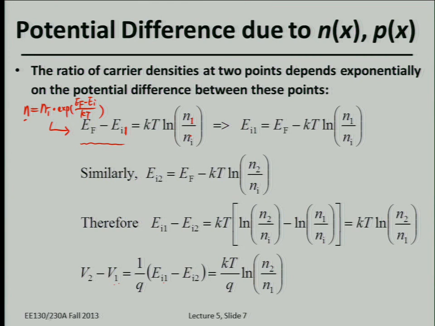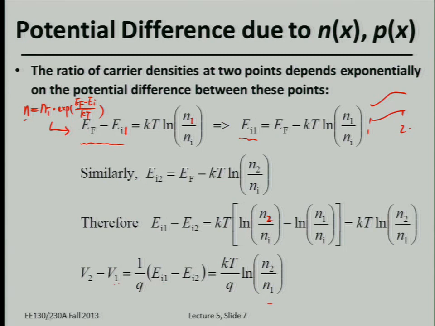The only thing that changes is the doping. So ni at position 1 and position 2 share the same value, okay? From this expression we get the potential energy of the electrons at position 1, which looks like that. This is 1, this is 2, okay?